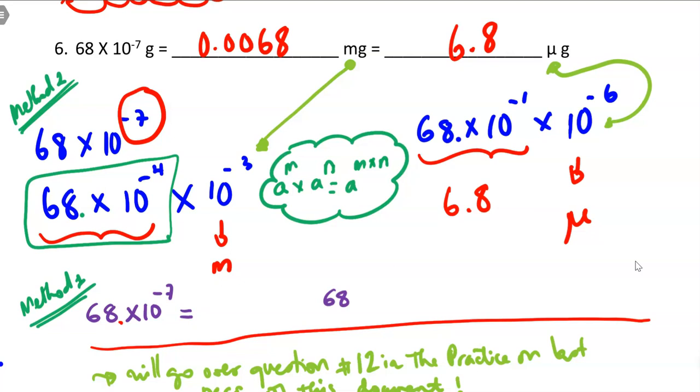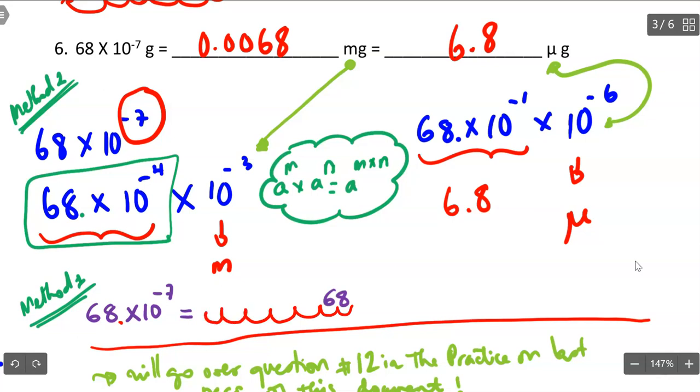Okay, so here I will move the decimal point: 1, 2, 3, 4, 5, 6, 7. So the decimal point now will be right there. And therefore I will have to put in 1, 2, 3, 4, 5 zeros. Okay, so the number now will be 0.2345 and then 68.